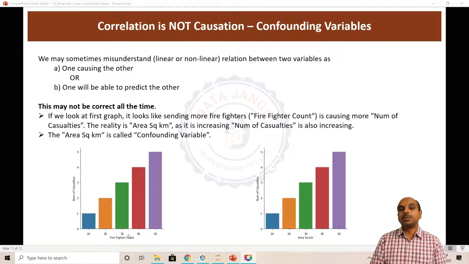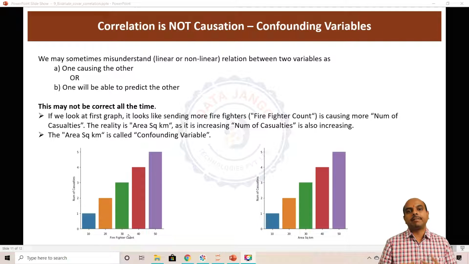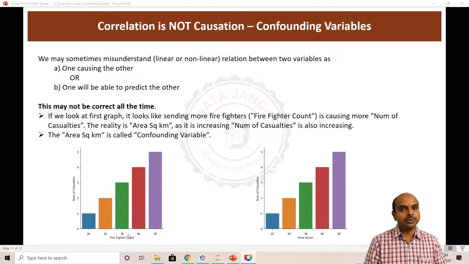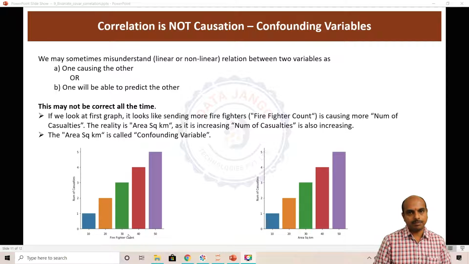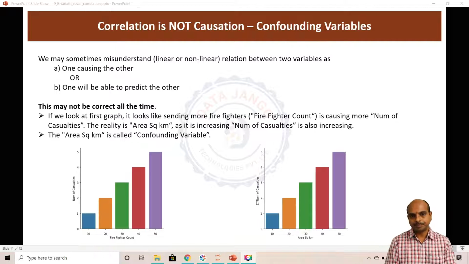But that's not the truth, because when the number of firefighters are increasing, the casualties should reduce in a real-time business scenario. If you look at the other graph, the area in square kilometers and the number of casualties, with the area increasing, the number of casualties is also increasing.